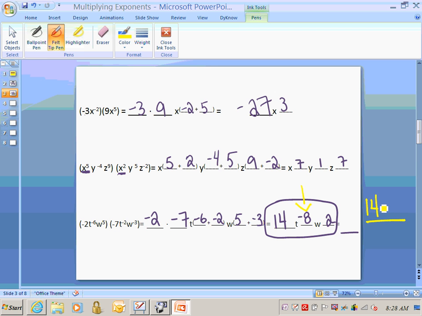W squared. And what's on the bottom? T to the 8, because when it moves to the bottom it becomes positive, right? So then there's our complete answer. Everybody good on that?